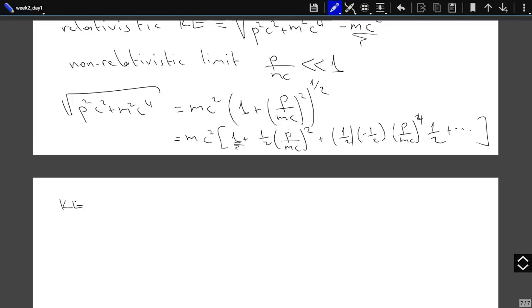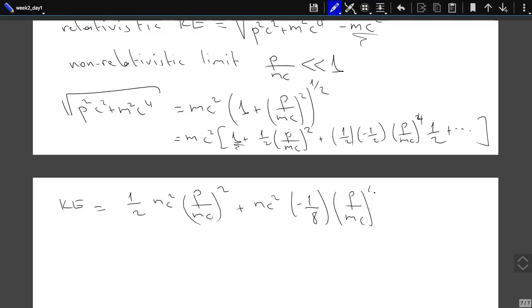So the kinetic energy would be 1 over 2 mc squared times (p over mc) squared plus mc squared times minus 1 over 8 (p over mc) to the power 4. This is the first correction.